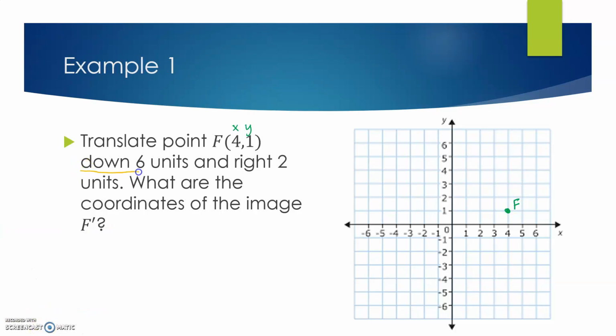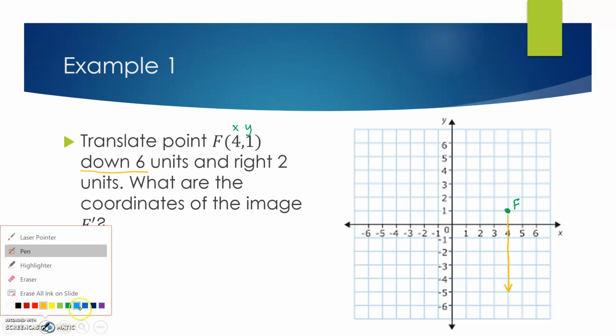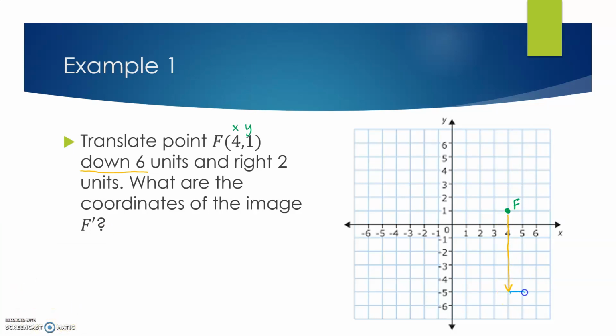It says to go down 6 units, so I'm going to do that: 1, 2, 3, 4, 5, 6, and right 2 units. And then this will give us our new point, and we're going to call it F prime.